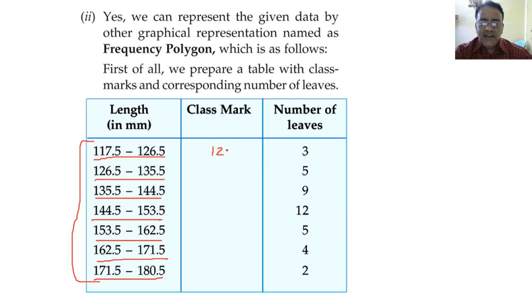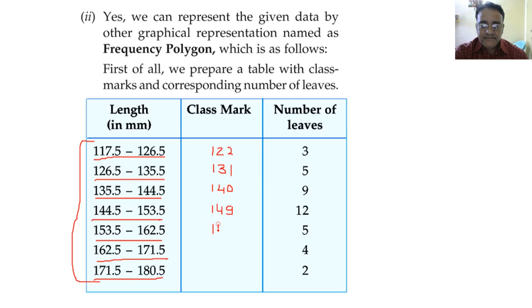So first वाला क्लास मार्क निकाल के 9 ऐड करते जाओ, you will get the correct answer. Add 9, 131. Again add 9, 140. Again add 9, 149. If you calculate, then also you will get the same answer. ये टाइम बचाने के लिए थोड़ा सा ट्रिक है ये.